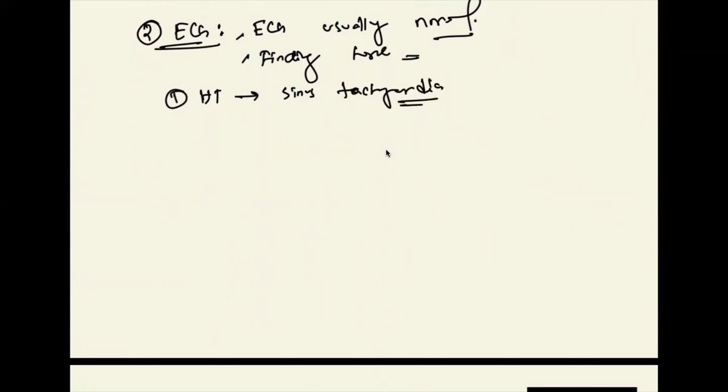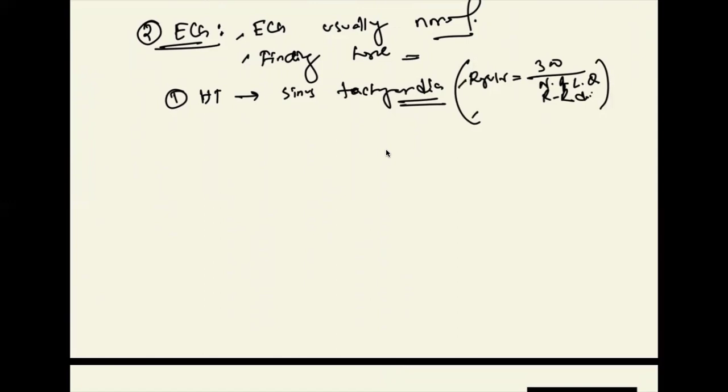One thing. Now tell me how heart rate is calculated. Just have a quick revision. How is heart rate calculated in the regular rhythm? 300 divided by the number of large squares, the RR distance between two large squares.